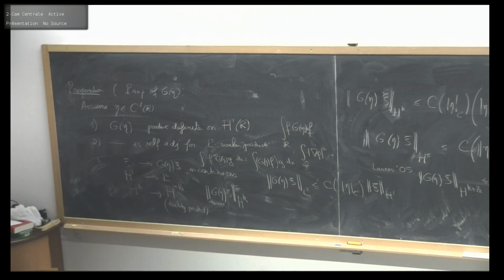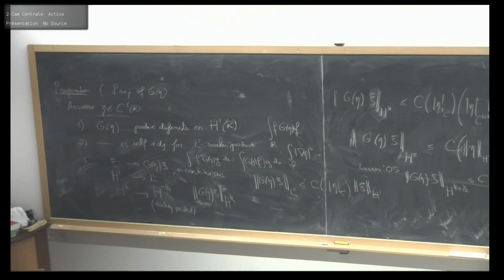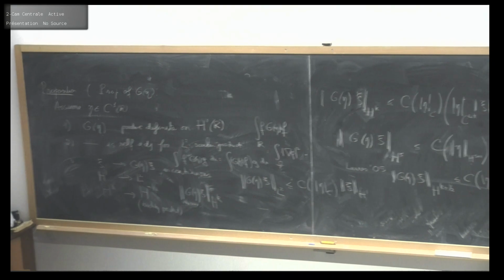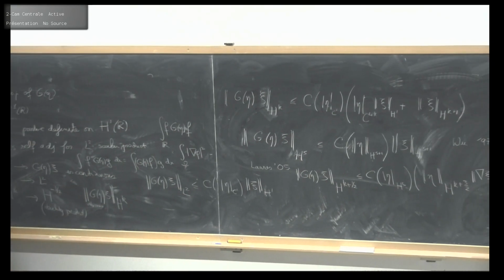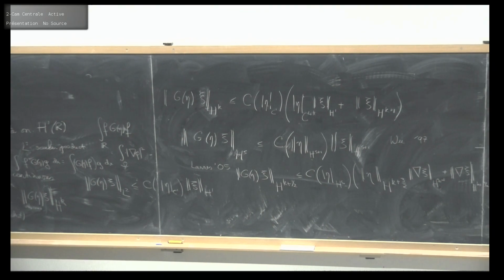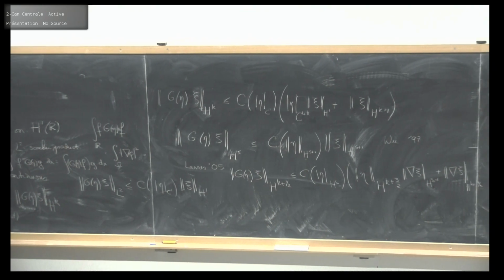The way this estimate, for example, is established is always going back to the elliptic problem. So essentially, you have the original problem, and you define a diffeomorphism sigma.